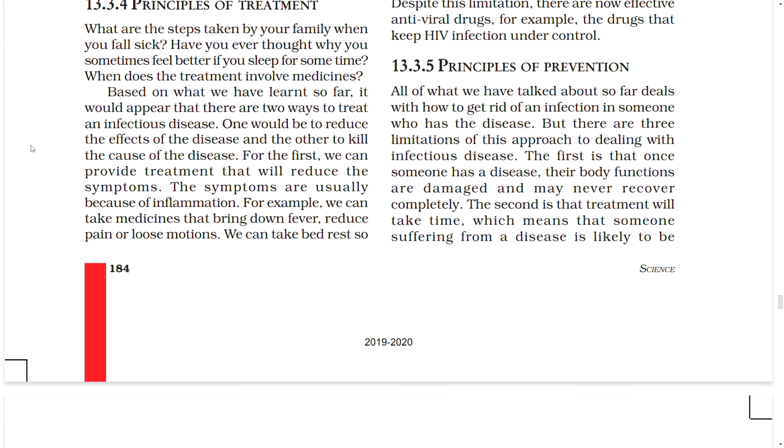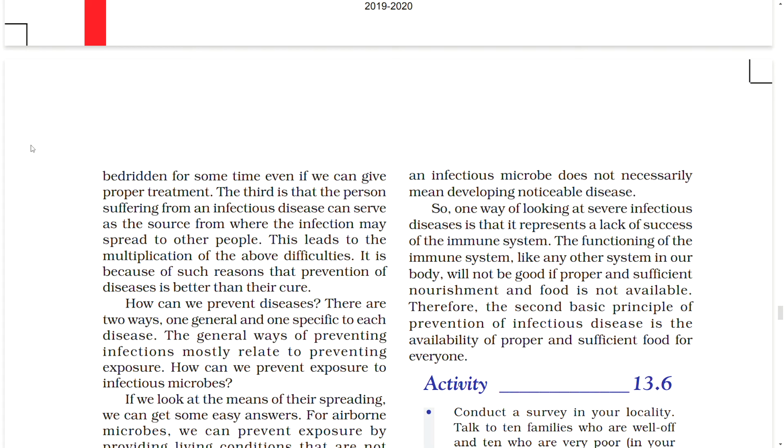The second is that treatment will take time, which means that someone suffering from a disease is likely to be bedridden for some time, even if we can give proper treatment. The third is that the person suffering from an infectious disease can serve as a source from where the infection may spread to other people. This leads to the multiplication of the above difficulties. It is because of such reasons that prevention of disease is better than cure.